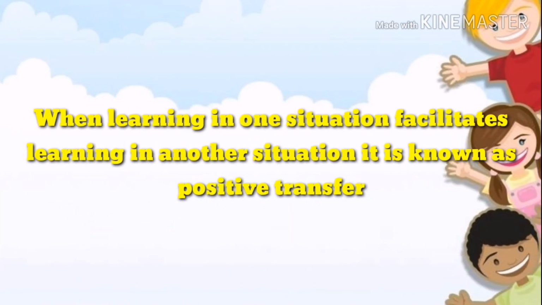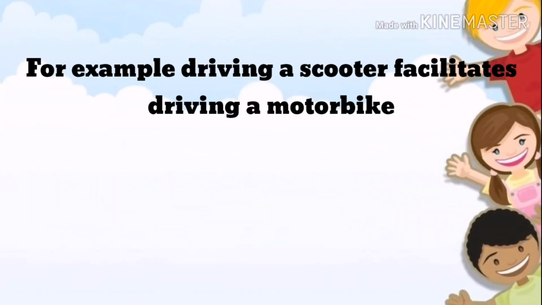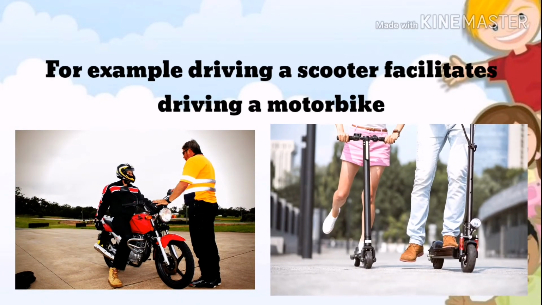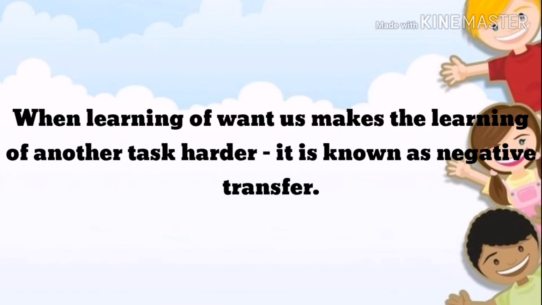When learning in one situation facilitates learning in another situation, it is known as positive transfer. For example, driving a scooter facilitates driving a motorbike. When learning of one task makes the learning of another task harder, it is known as negative transfer.